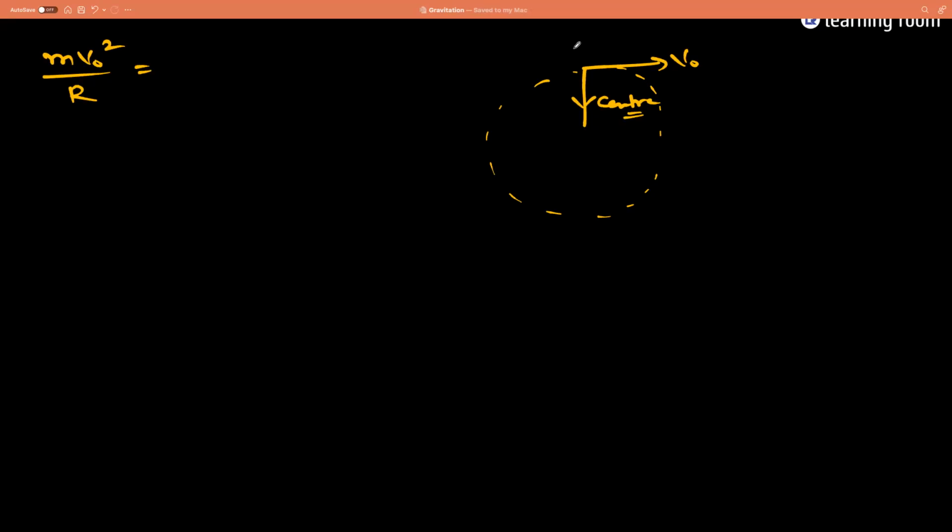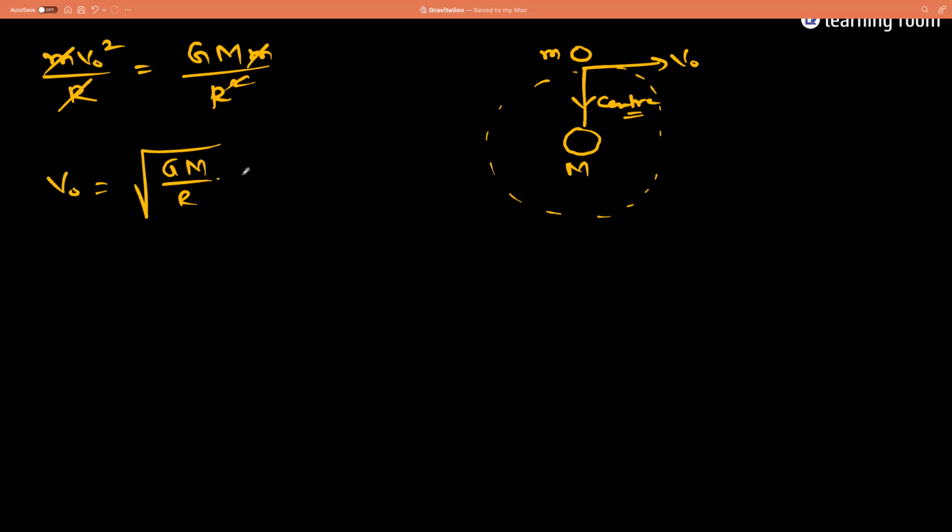It is provided by the gravitational force acting between the planet and the object which is revolving in that orbit. So now you cancel it. Did you understand what I did? Yes, sir. So this V naught will be equal to root of GM divided by R, multiplied with R and divided with R. So you will get root of g into R.